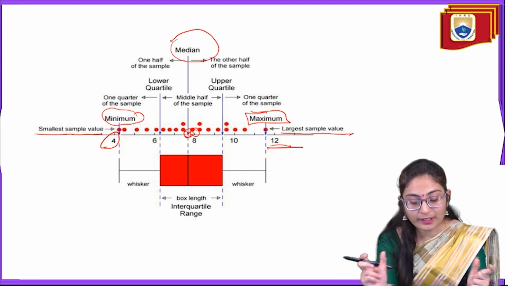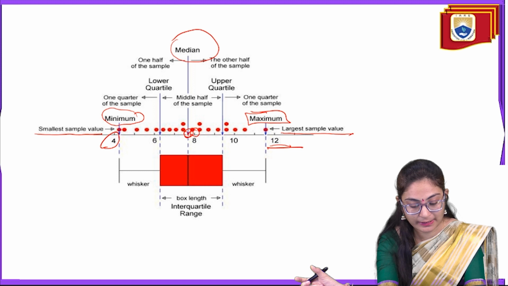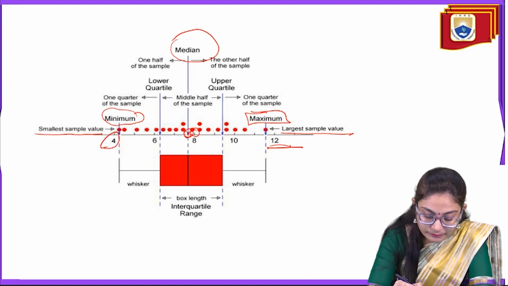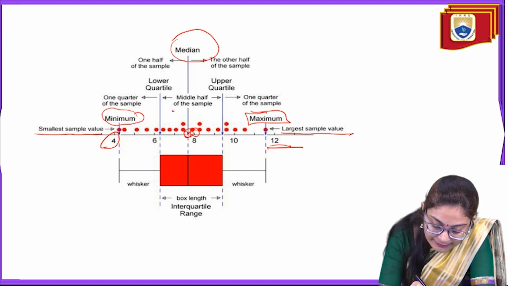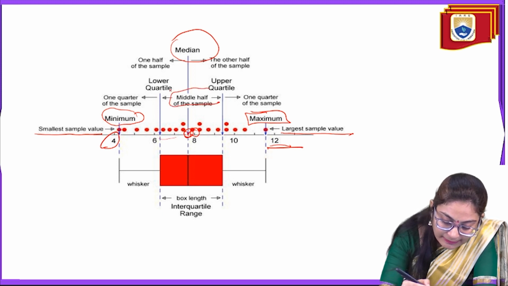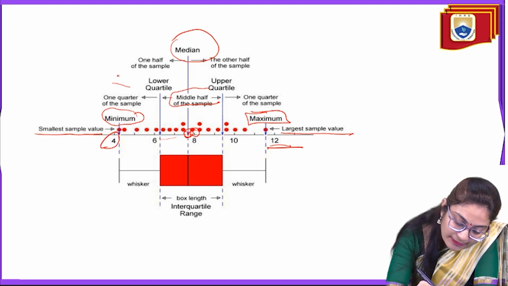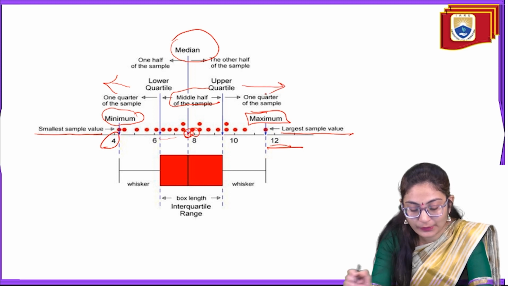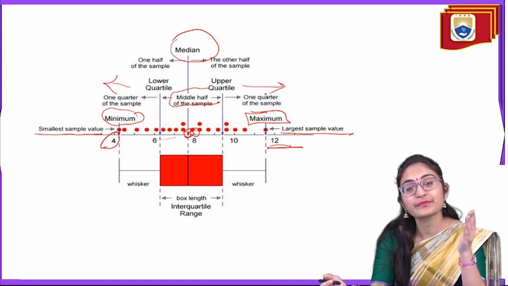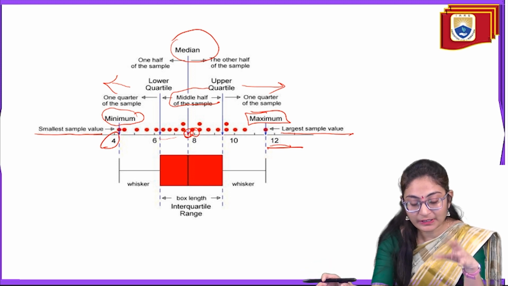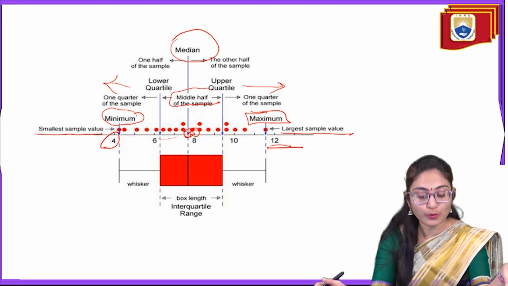Now we have to check the lower quartile and upper quartile. What is meant by lower quartile, upper quartile? This is the middle half of the sample. After that, going to the left side, that is 1/4 of the sample, and going to the right side, 1/4 of the sample. That means there are different quarters on both sides.